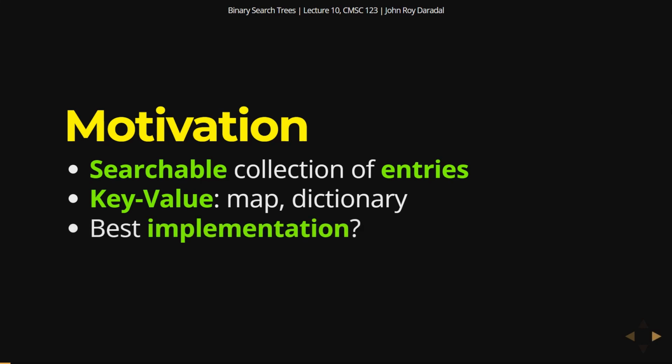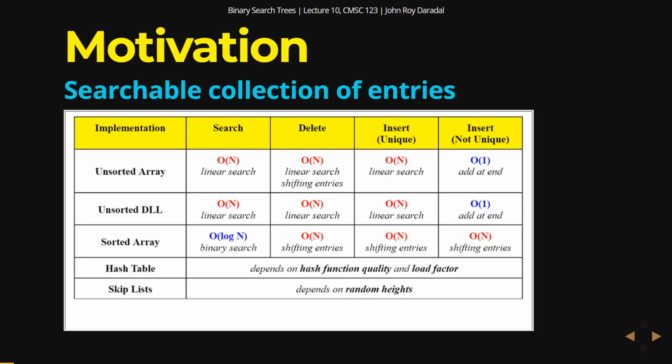And we've also seen several implementations of maps and dictionaries already. So let's try to remember what was the best possible implementation so far. First, we tried to use an unsorted array to implement our maps and dictionaries. Since the array is unsorted, when we want to look for the key, we will have to do linear search, right? So for search, that would be O of n.